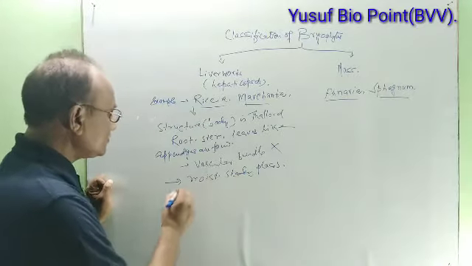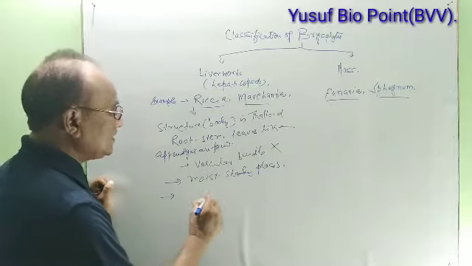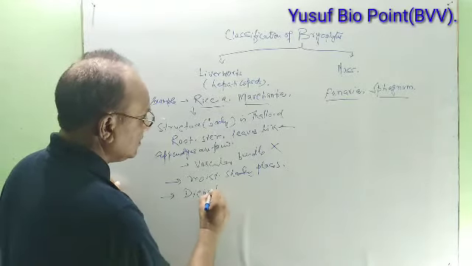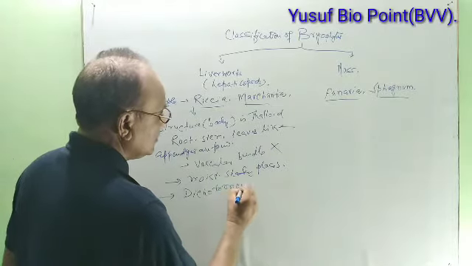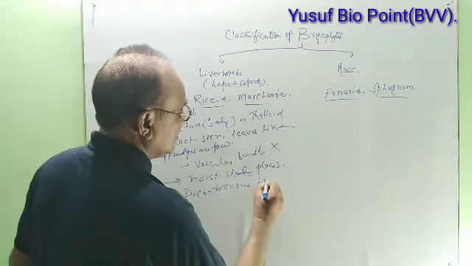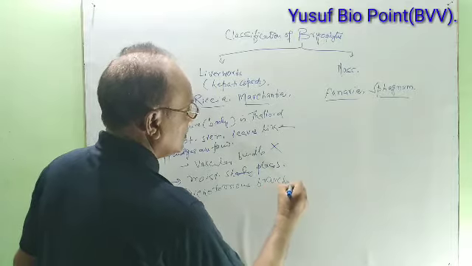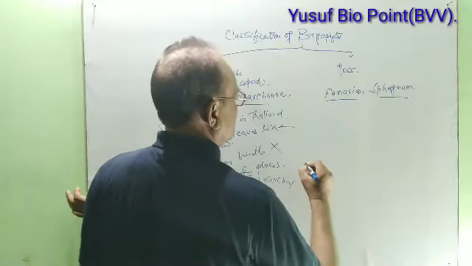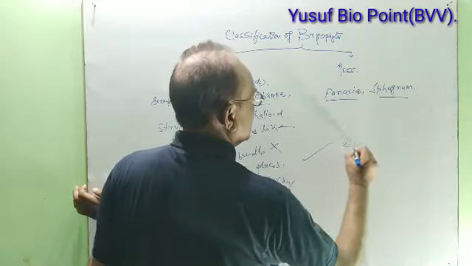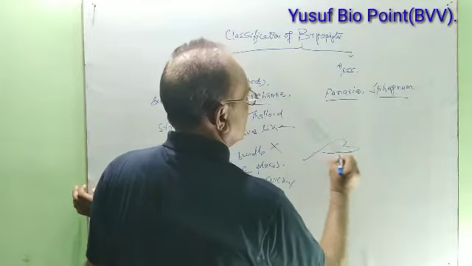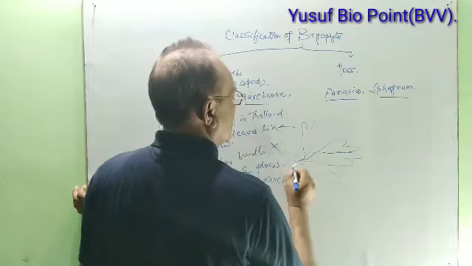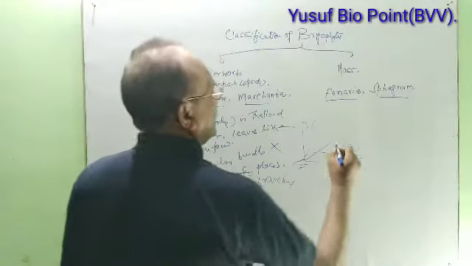Now the plant shows dichotomous branching, means branching like that.